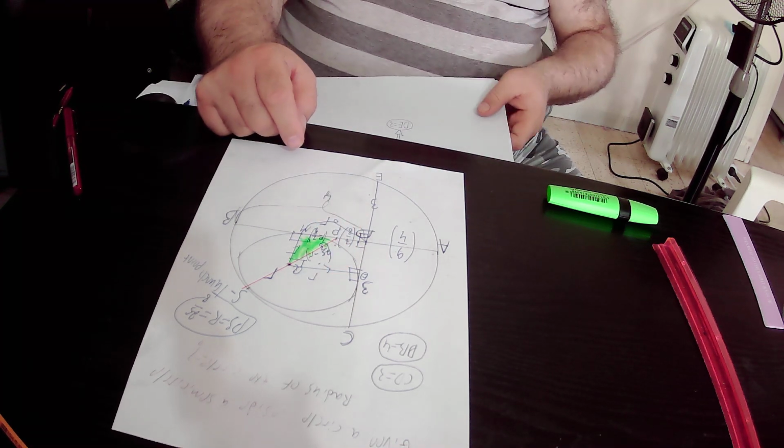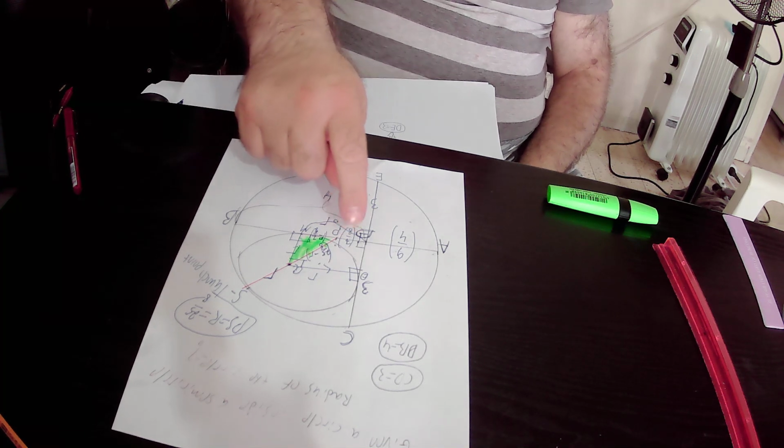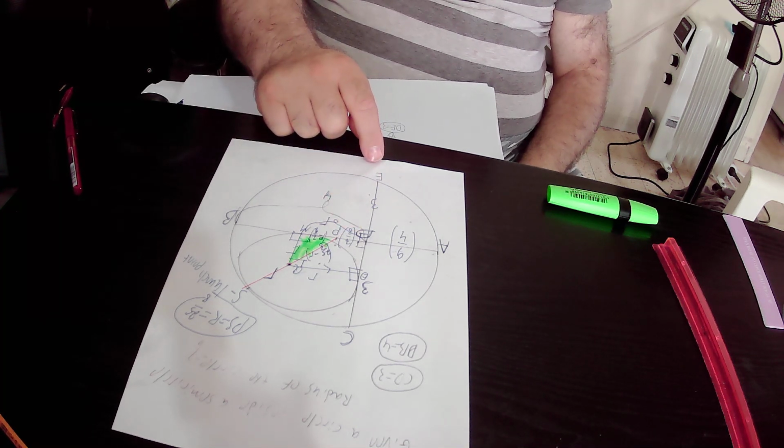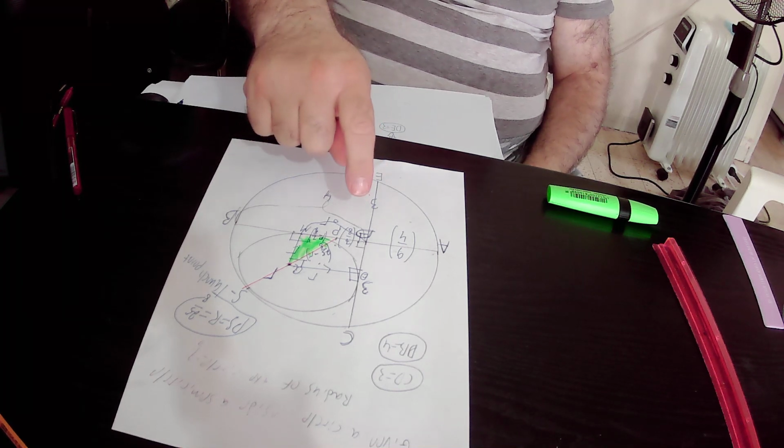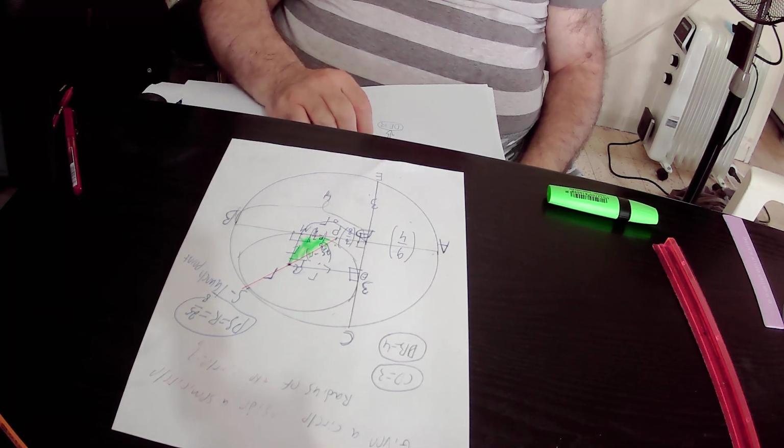And then we extended the straight line CD until it touches the circle at point E. Point E is the touching point of the extended line segment CD on the circle.